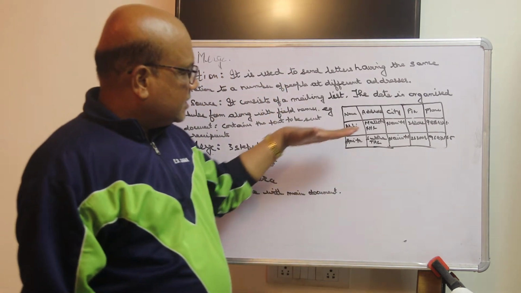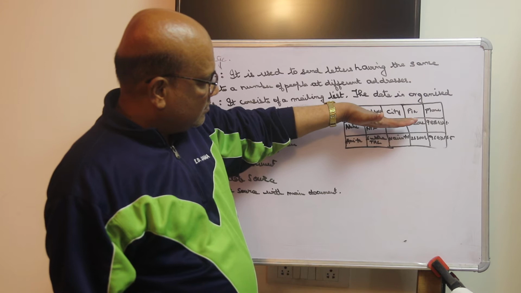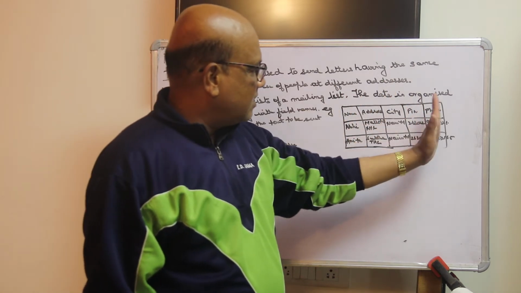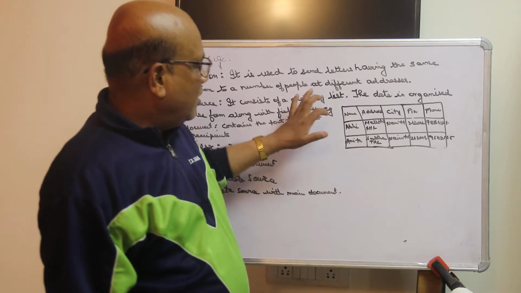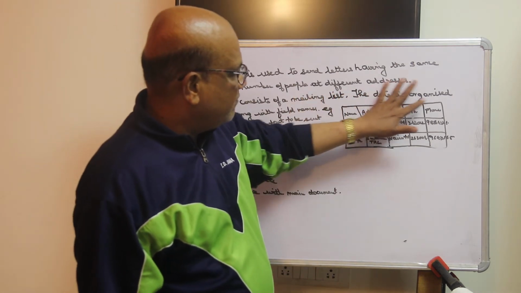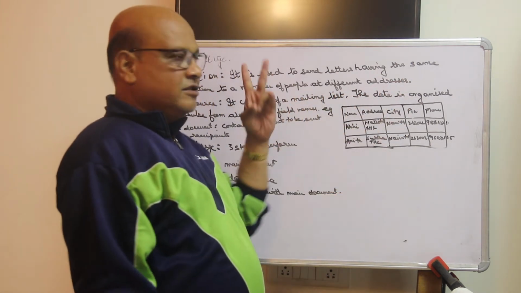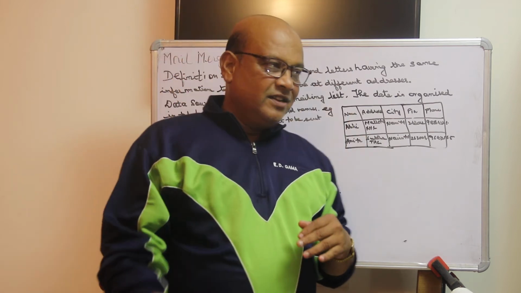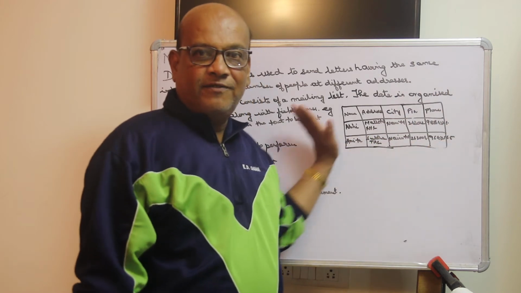This part is known as a row, and this part which is dividing is known as a column. So how many columns are there? 1, 2, 3, 4, 5. There are 5 columns and 3 rows. This is an example of a table.